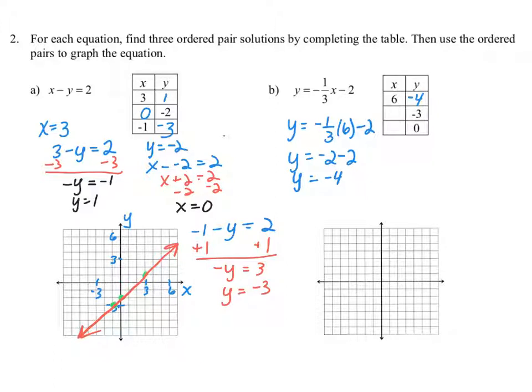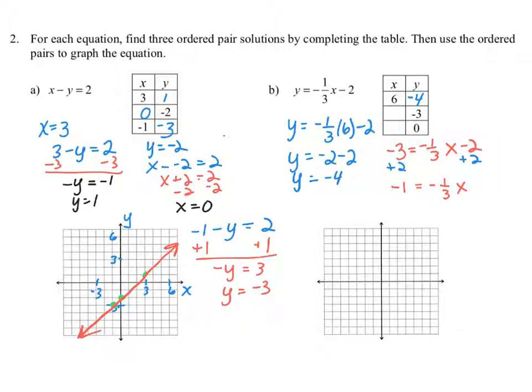Now let's look at solving the equation when y is equal to -3. If y is equal to -3, the resulting original equation becomes -3 is equal to -1/3 x minus 2. We're going to solve this equation by adding 2 to both sides, and then our resulting equation would be -1 is equal to -1/3 x.